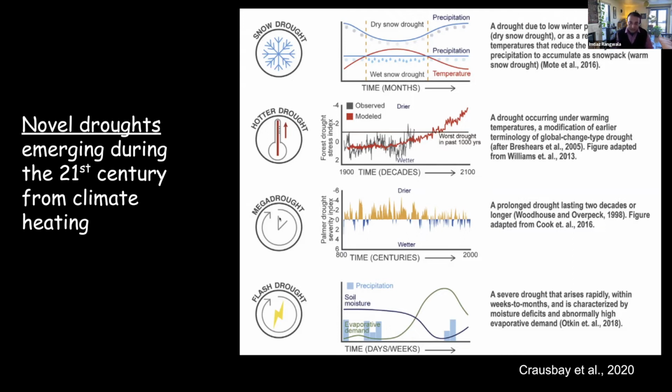You may have also heard of megadroughts in news media and papers, and that's been talked about quite a bit. For me, it's an interesting term because megadrought is really, again, around a long-term climate mean. You're experiencing a prolonged drought condition for several decades, from a decade, 2 decades, to more.